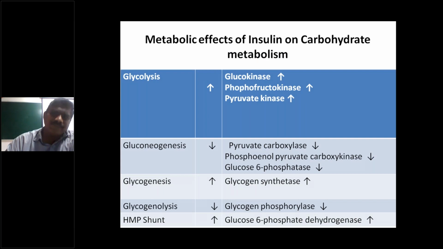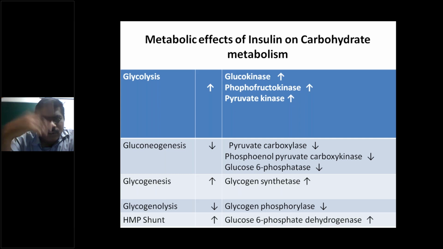Take, for example, the role of insulin on carbohydrate metabolism. Again, I said the endocrine system and the nervous system both work on metabolism. Take insulin. How does insulin encourage glycolysis? Under the influence of insulin, as all of you know, glycolysis is favored.